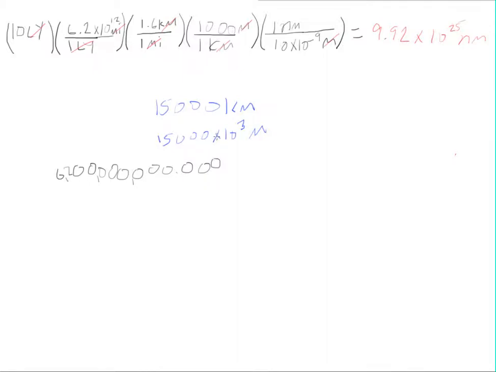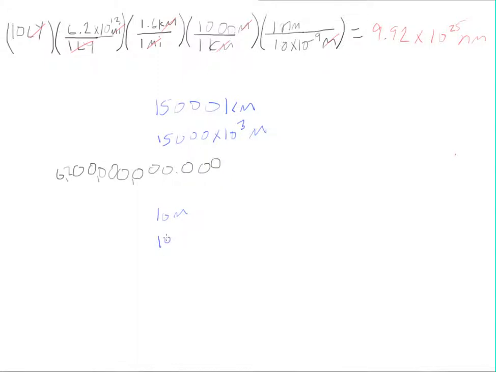So that's all I did. I took this and multiplied it times 1,000. It's the same thing if you have 10 meters and you want to get to centimeters. I know for every meter there's 100 centimeters, right? So I'm going to write this in centimeters.